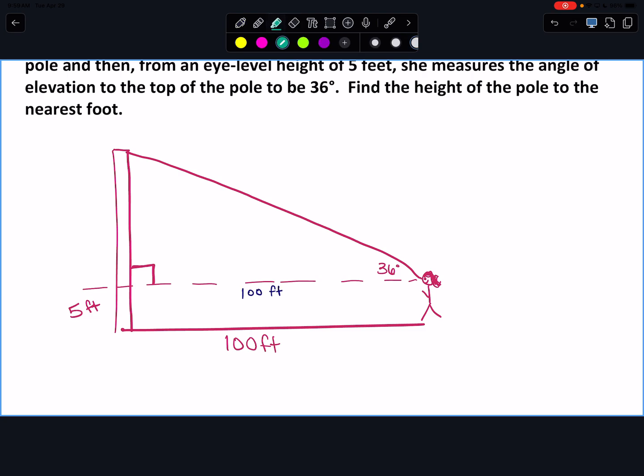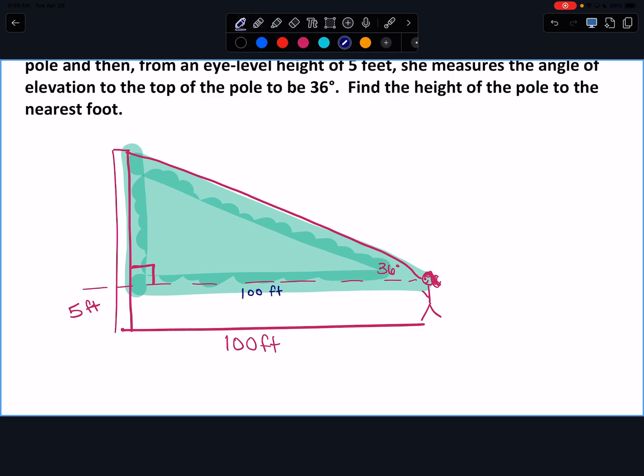So I just created a right triangle. Do I want to know how far her eyes are from the top of the pole, if she could fly up there and measure? No, I want to find how tall the pole is. So I'm going to call this right here, what? What do you want to call this piece?